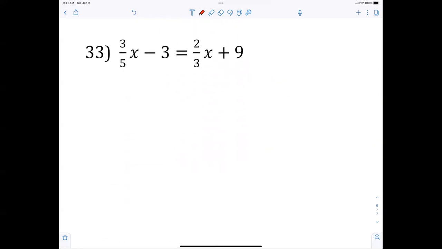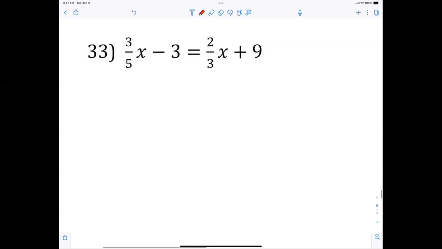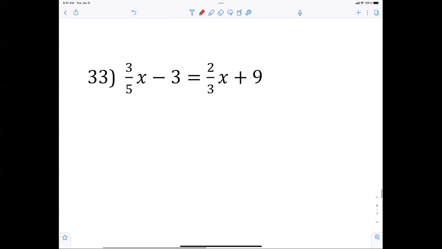Some more ugly fractions. Mike, let's do it. What do I have to do? Common denominator. Yep, so 15, right, so 3/5 is 9/15, and then 10/15.